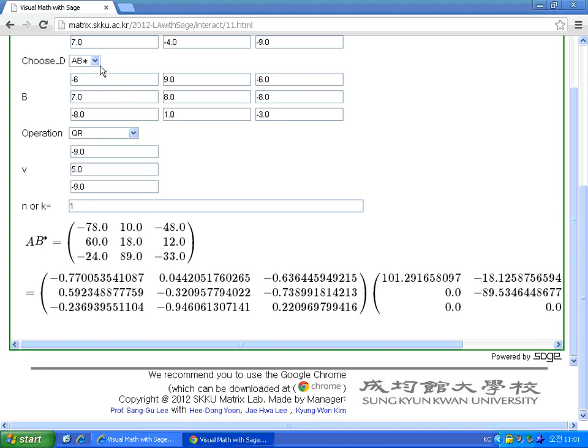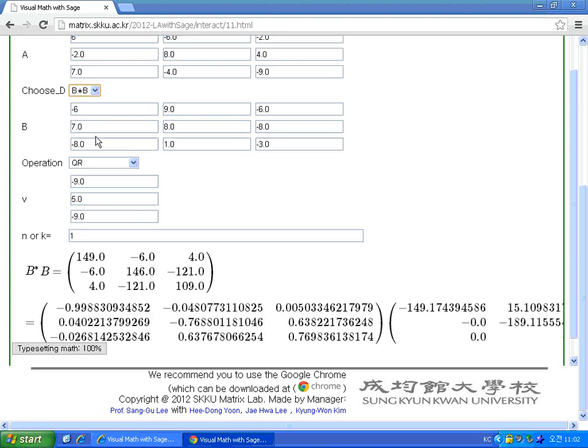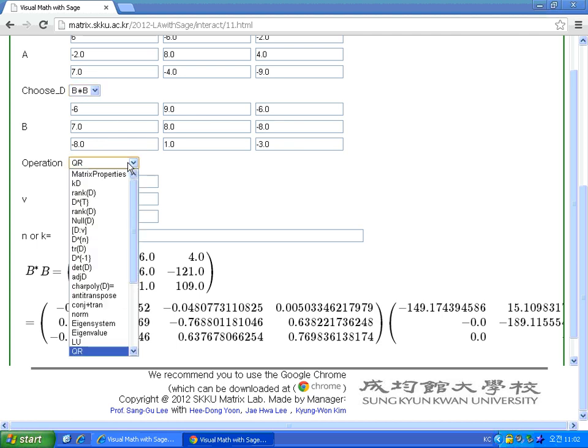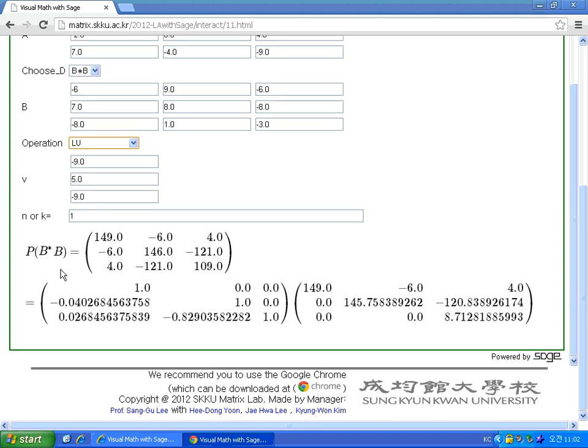There are so many things that you can do: A star A, and B star B. Even though you have a rectangular matrix, you can make a square matrix like A star A. Then you can do the LU decomposition or QR factorization on this matrix.